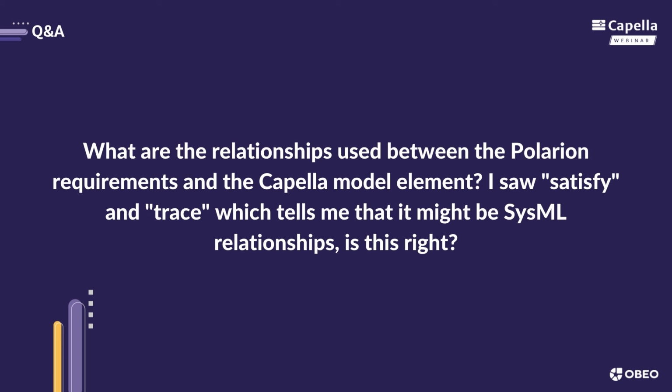IBM DOS Next has its own link types for the traceability between requirements and architecture elements, like the ones exposed by publication for Capella. So we use the IBM DOS Next ones when we work with IBM DOS Next. We use ad hoc ones when we work with Polarion, and it's basically completely configurable and very easy to do so.